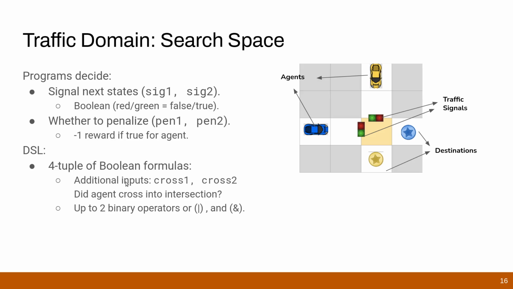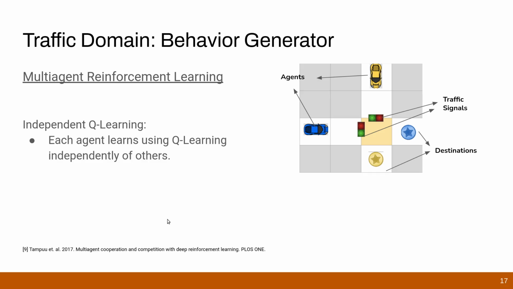The formulas could have up to 2 binary AND or OR operators. For the behavior generator, we use multi-agent RL to model agents learning to take the best possible actions to reduce their travel time. The specific algorithm we use is independent Q learning, where each agent learns independently of others using Q learning updates.